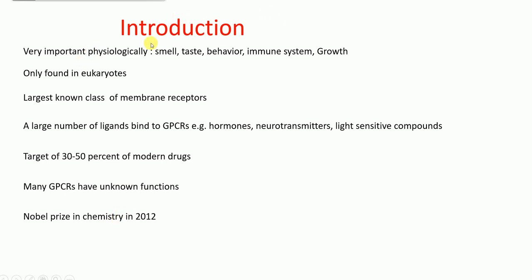So from this introduction, what we can say is that G protein coupled receptors are the largest known class of membrane receptors, they are the target of 30 to 50% of modern therapeutic drugs, and they are found only in eukaryotes. They are also very important physiologically, regulating a large number of activities such as sense of smell, taste, behavior, immune system, and growth.